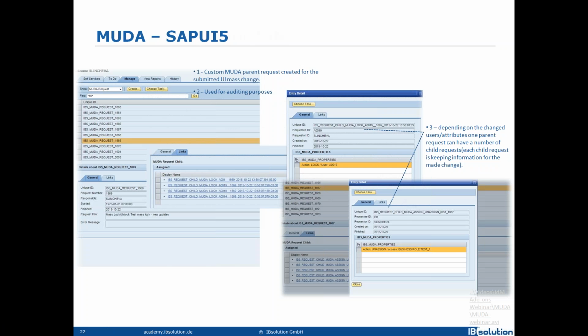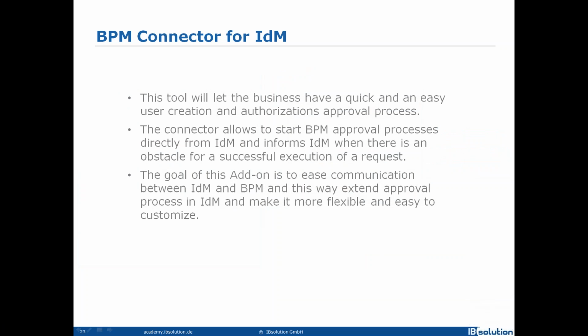Okay, the next add-on is BPM connector for IDM. The creation of a module such as the IDM to BPM connector will allow for the cooperation between these two applications and let the business have a quick and easy user creation and authorization approval process.